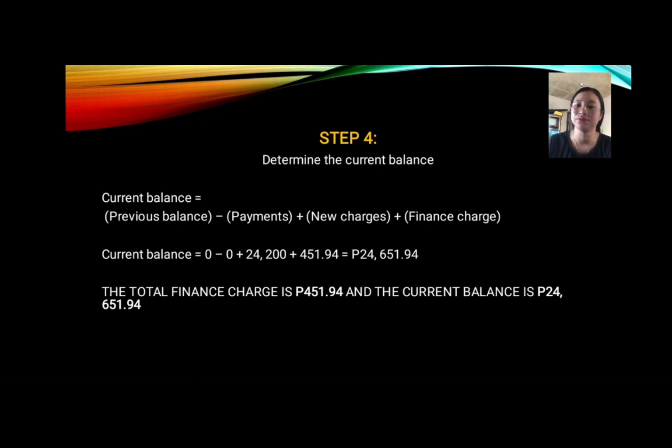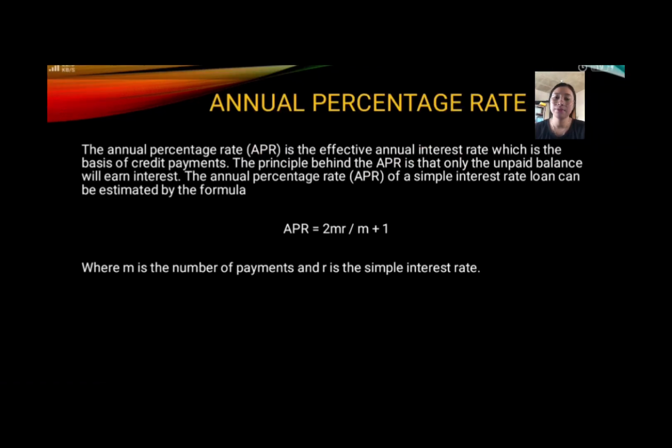So this time, I will be going to tackle the annual percentage rate. The annual percentage rate or the APR is the effective annual interest rate, which is the basis of the credit payments. The principle behind the APR is that only the unpaid balance will earn interest.